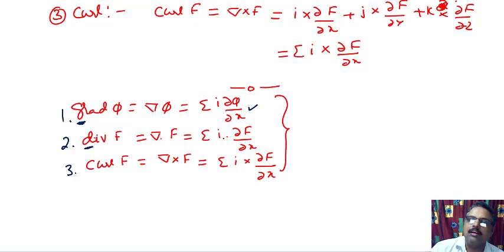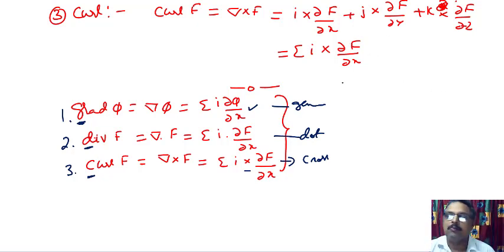Now D, the dot product between these two terms. Curl, the cross product between these two. Divergence means dot product, curl means cross product, and gradient means ordinary product. So it is easy to understand these three properties.